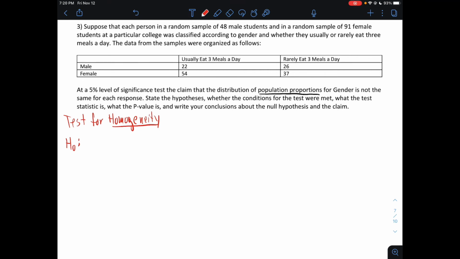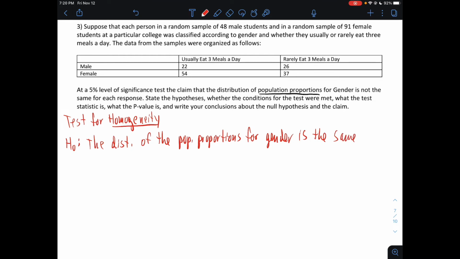So we can say for the null hypothesis, the distribution of the population proportions for gender is the same for each response, meaning for the response of eat 3 meals a day, usually or rarely.